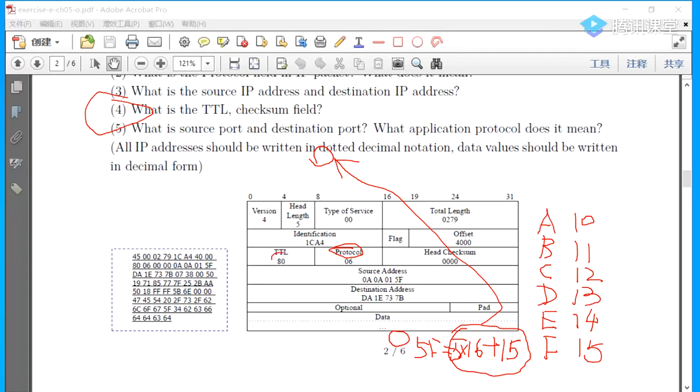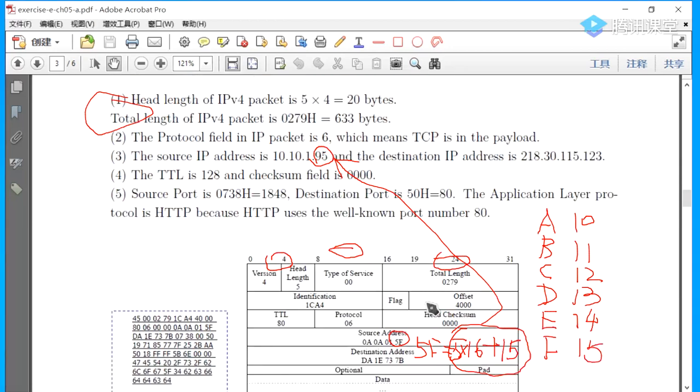TTL 80. Checksum is 00. Now we look at the answer. TTL number is 128. Okay, here we filled 80.